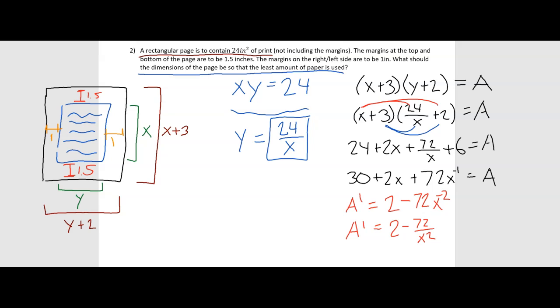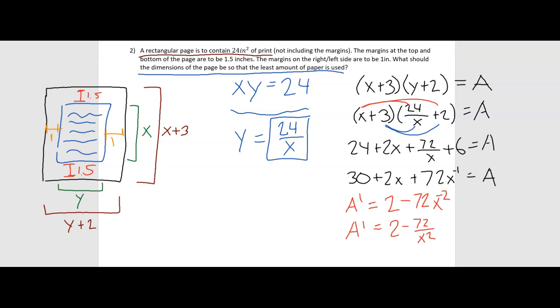Now, you'll notice that this looks like one we could probably solve by hand, right? If I'm trying to find the minimum value for area, I need to look for where my derivative goes from negative to positive. And I need to look for the critical points. Two possible things to look at. One is where the derivative is undefined. Well, this derivative is undefined at x equals 0.